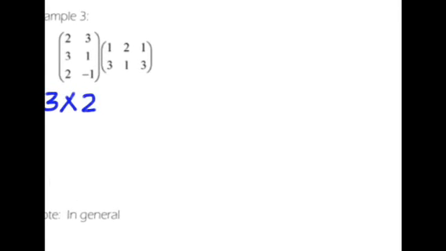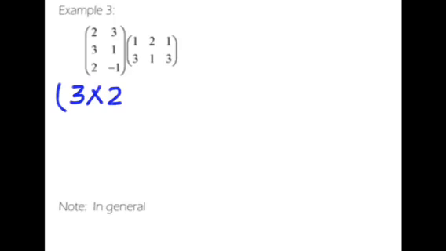And then the other matrix has how many rows? 1, 2. And how many columns? Looks like 3 to me. So can you multiply these two together? What are you supposed to check?